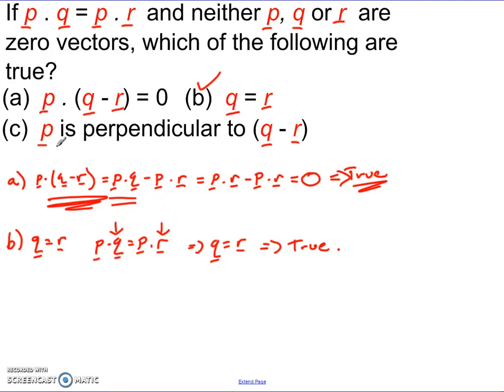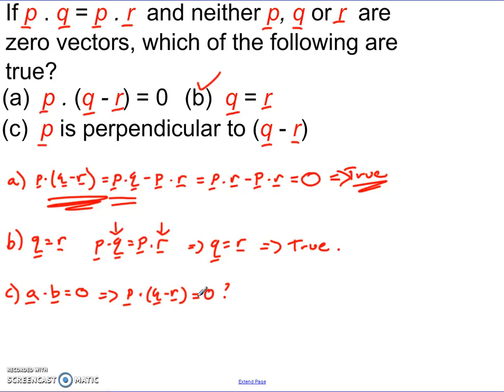Last one we want is to show p is perpendicular to q minus r. Is this third one true? Now remember, for two vectors to be perpendicular, a dot b has to equal 0. So we want to know if the scalar product of this is equal to 0, i.e. does p dot (q minus r) equal 0?